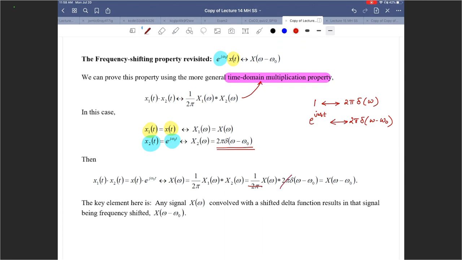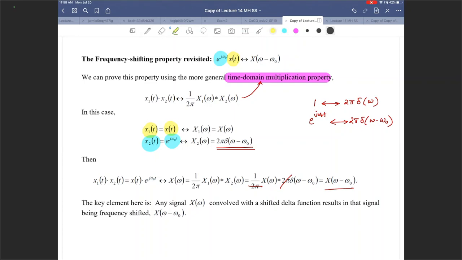You will be left with X of omega convolved with delta of omega minus omega naught, which is simply X of omega minus omega naught. Any signal X of omega convolved with a shifted delta function results in that signal being shifted, X of omega minus omega naught. So where is this coming from?